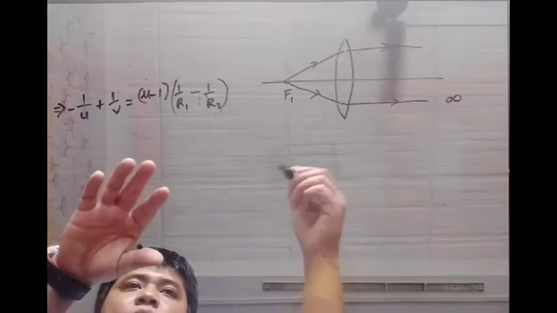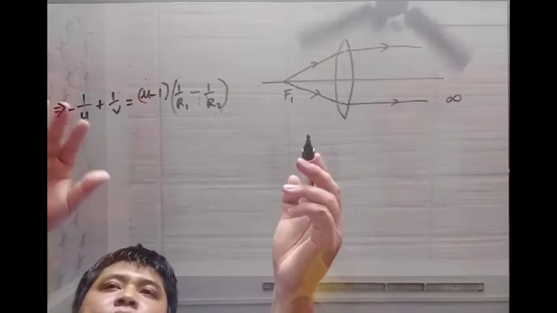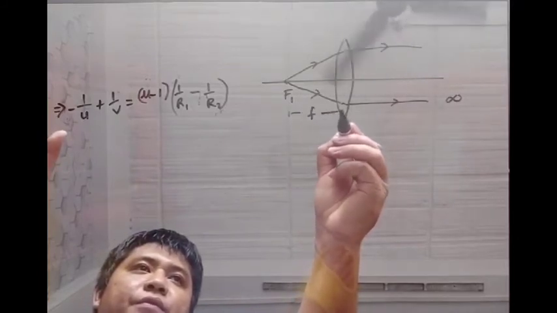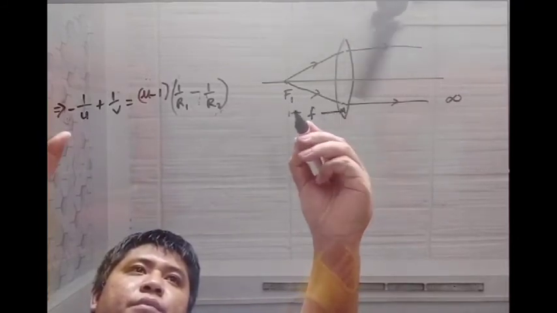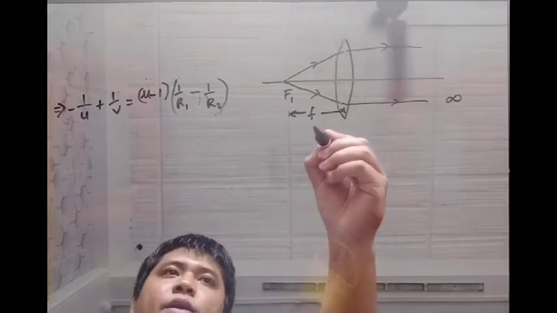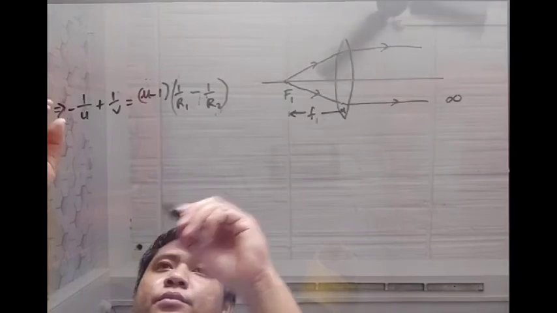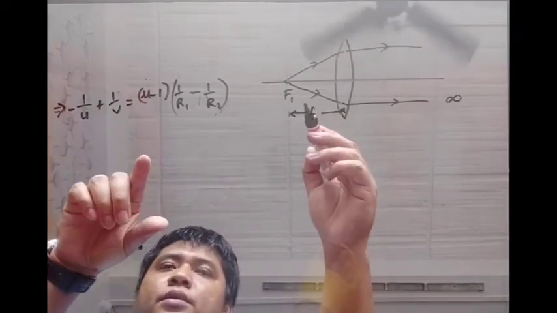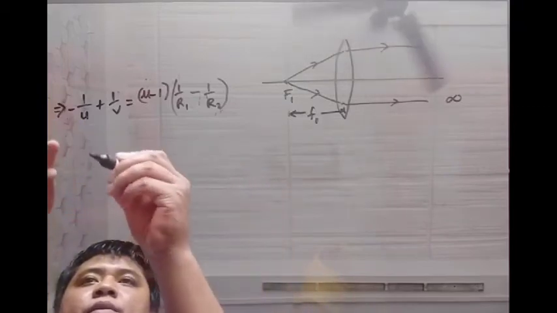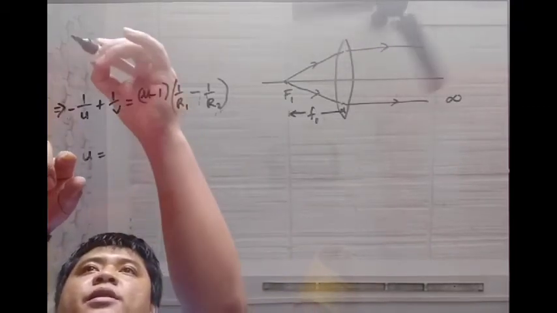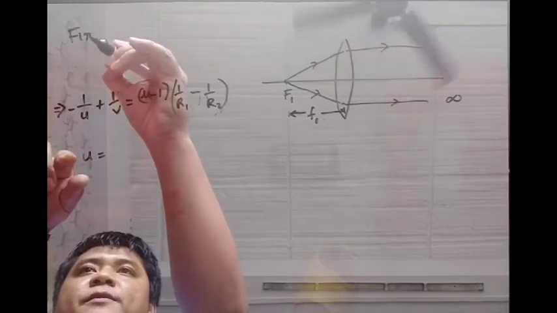Then, on putting this value, here putting the value of u is this definition of the first principal focus.